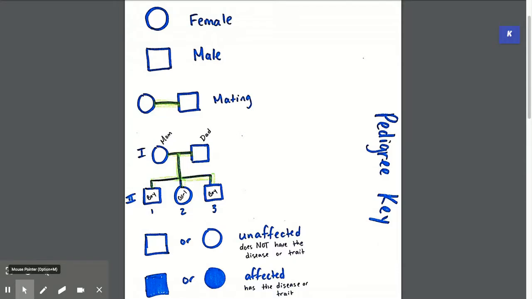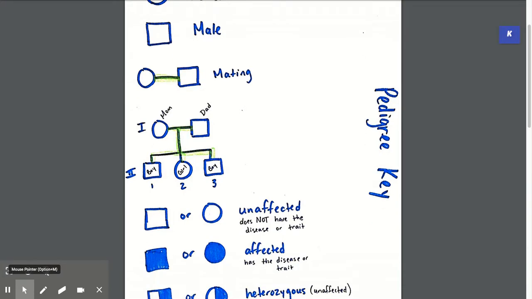A line between the two is a marriage line or a mating that produced subsequent offspring. These would be the offspring or the children. In this example, we have a boy, a girl, and another boy. This is also the birth order. So the firstborn was a boy, the second a girl, and the third a baby boy.